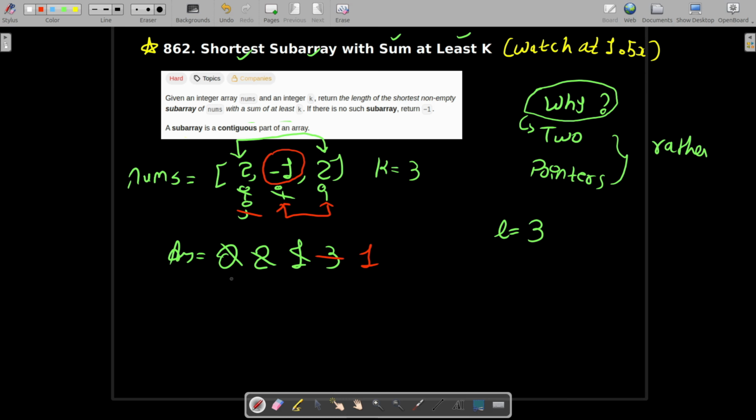Mostly in the cases where positive integers are there, two pointers is easily applicable. But here, what if negative numbers come?